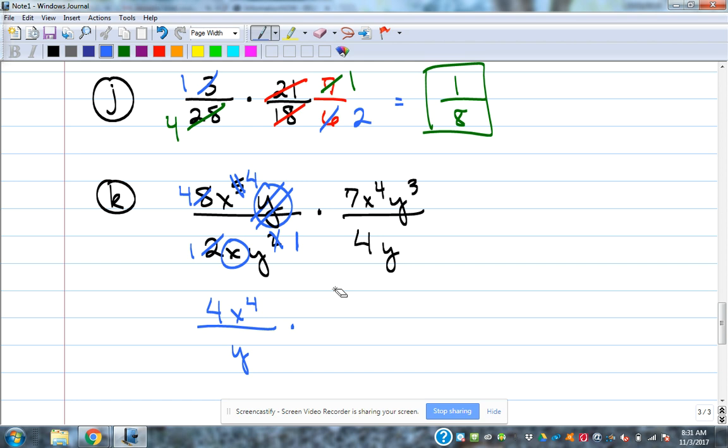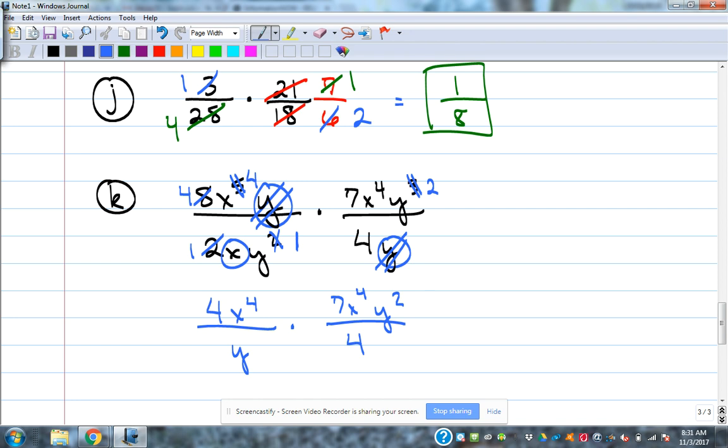The y's, this 1y down here cancels one of these up here to make that y squared. So 7x to the 4th y squared over 4. So I canceled vertically, and then I rewrote the problem just to keep it from getting too messy.